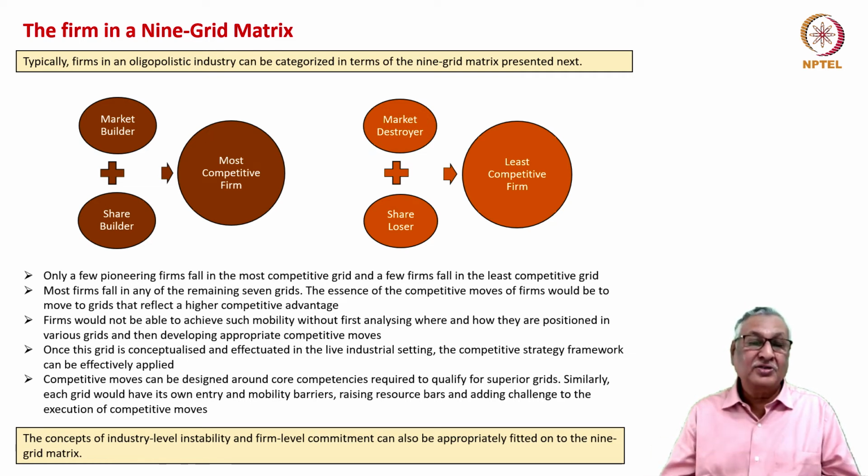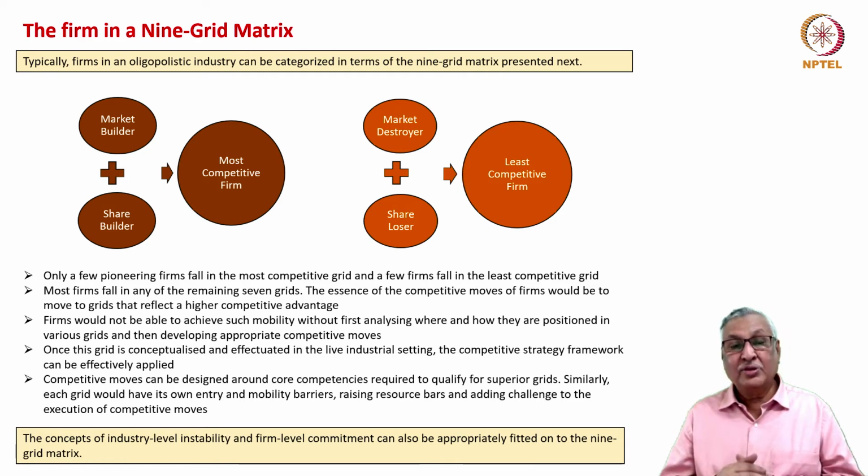Several of the concepts we have learned so far can be effectively applied in such a transformation. We can identify the strengths and weaknesses, understand the core competencies required to qualify for the superior grids, and with logic and commitment, the companies try to acquire those competencies.